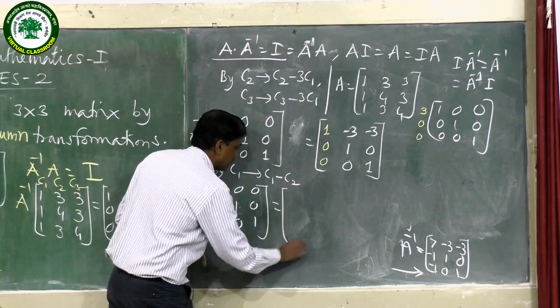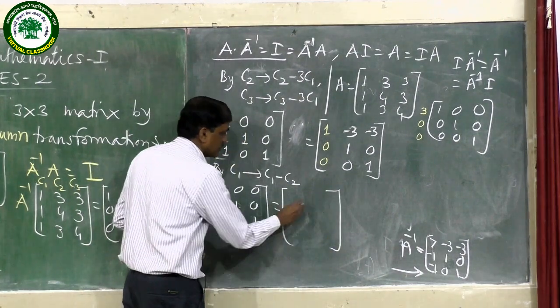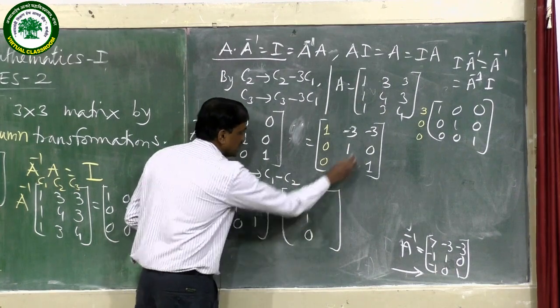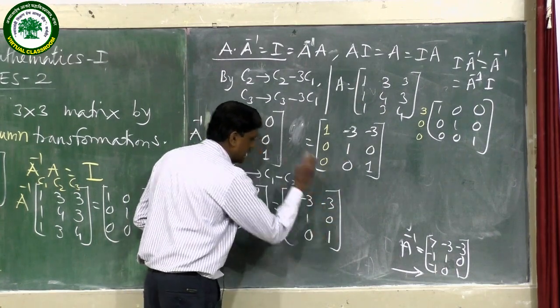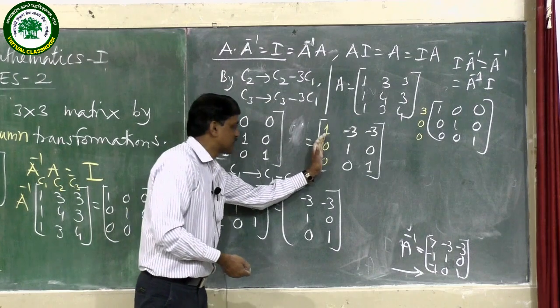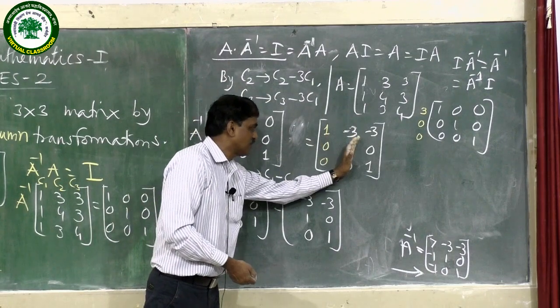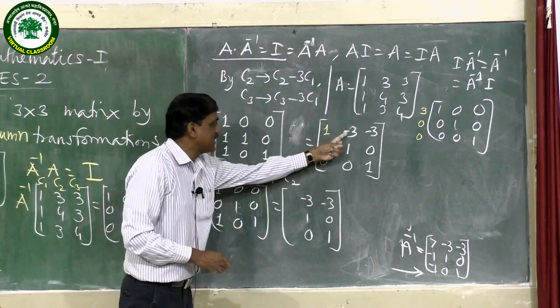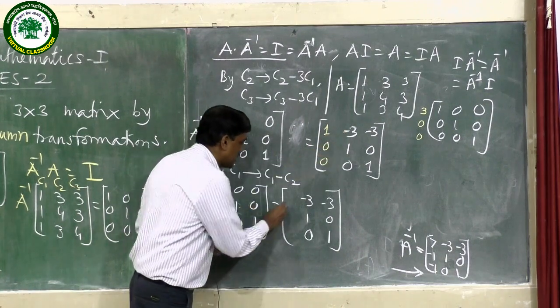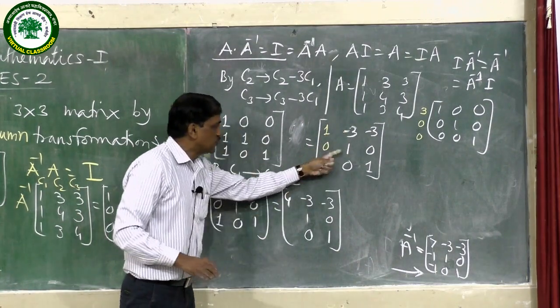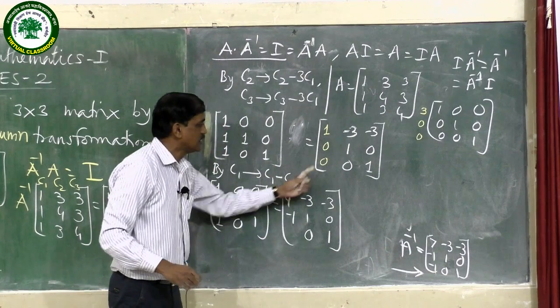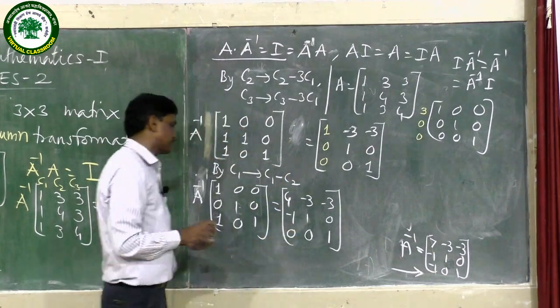Same transformation here. Second column as it is. Third column as it is. Subtract second column from first column. So 1 minus minus 3, it means 1 plus 3, it is 4. 0 minus 1, it is minus 1. 0 minus 0, it is 0.